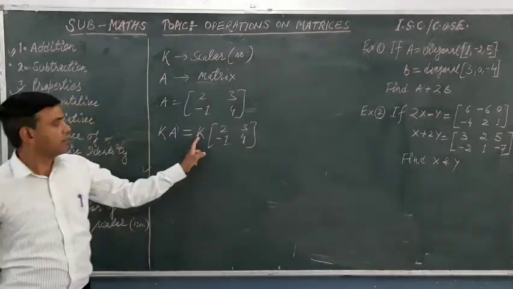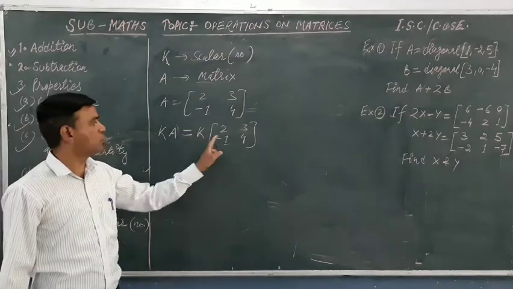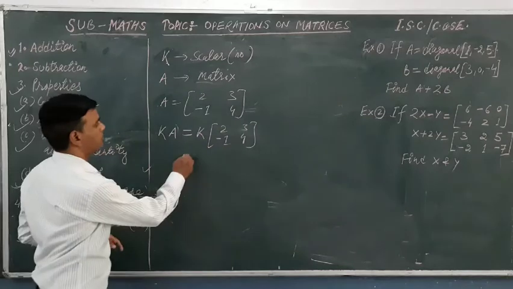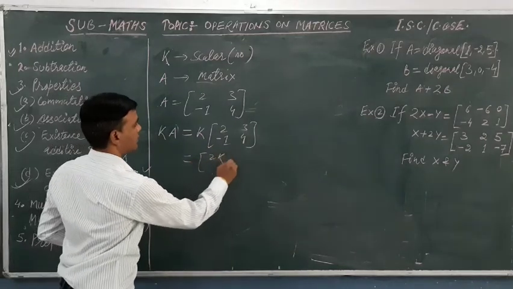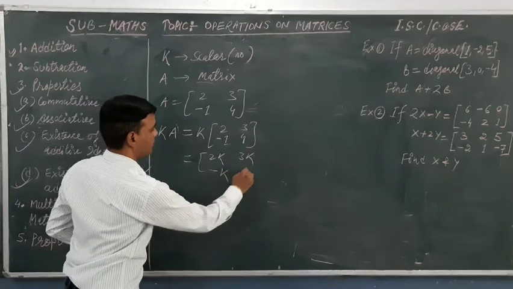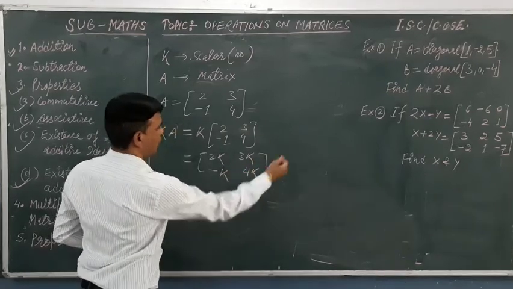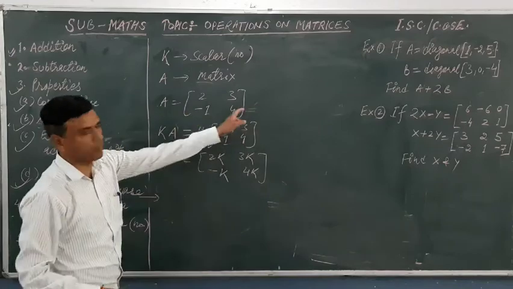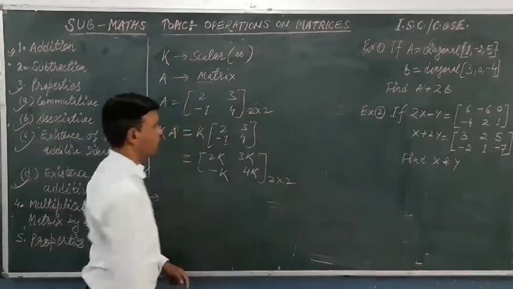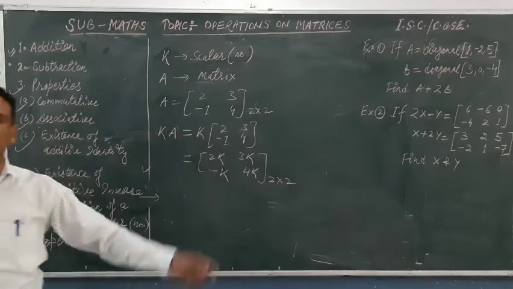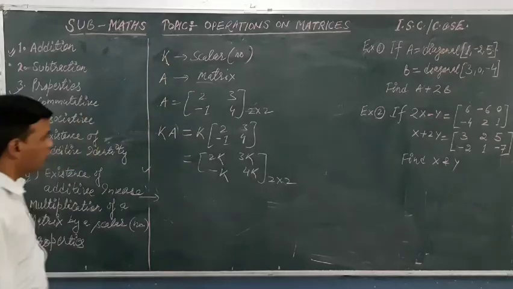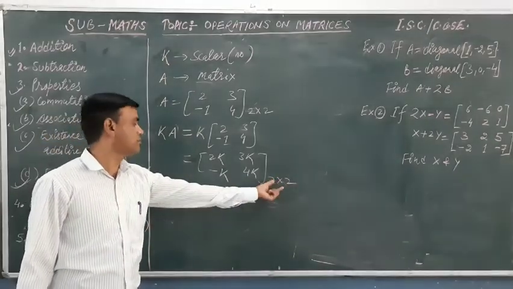It means by multiplying the scalar with the matrix, we multiply every corresponding element with this scalar, so we get 2K, 3K, minus K and 4K. The initial matrix was of order 2 by 2, so this will also be of order 2 by 2. This is called scalar multiplication of a matrix by a scalar number, and we get a matrix of the same order.